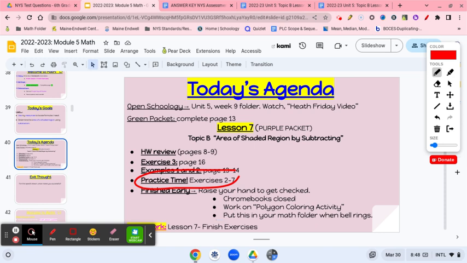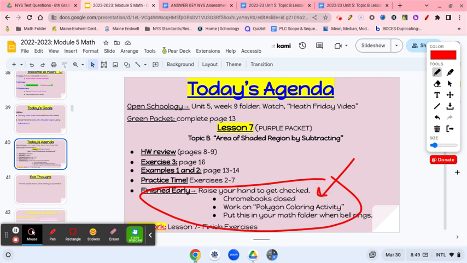When you're done checking the answer key, raise your hand to show the sub and turn your pages to show them that you're done and you've written everything out and you have the answer, because otherwise I asked your sub not to give you this coloring activity sheet.